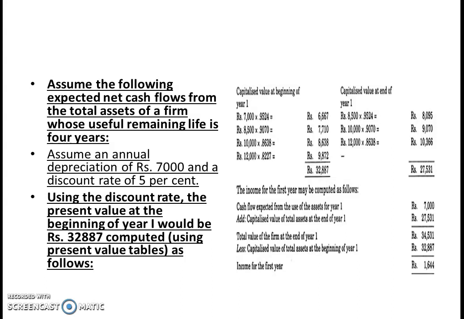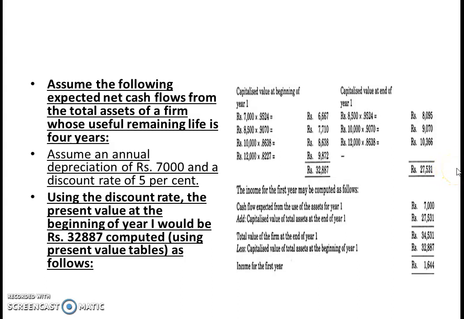Similarly, you're doing it for the 4 different amounts given for 4 years. Capitalized value at the end of year 1: at the beginning, you have 4 different amounts, but at the end of the year, you would have only 8,500, 10,000 and 12,000. So you're finding out the capitalized value at the end of the year.